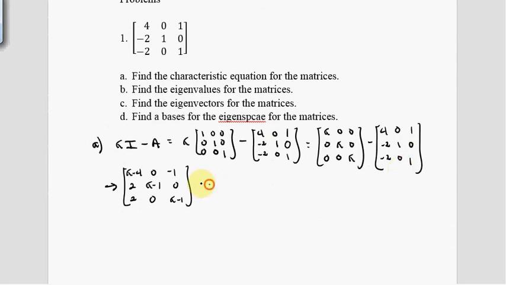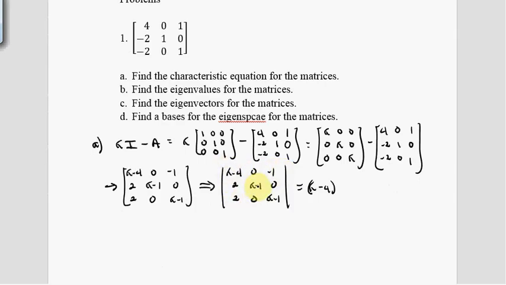Now I look at the determinant. I can just write this, lambda minus 4, 0, negative 1, 2, lambda minus 1, 0, 2, 0, lambda minus 1. I use cofactor expansion. Here I expand along the first row, lambda minus 4 times the determinant of the submatrix found by deleting the first row, first column.